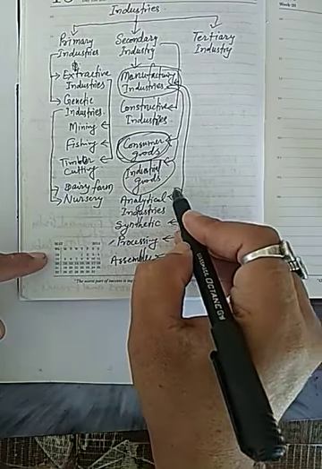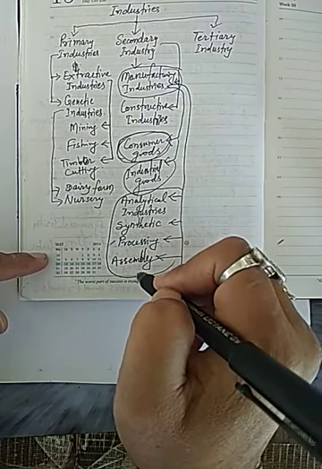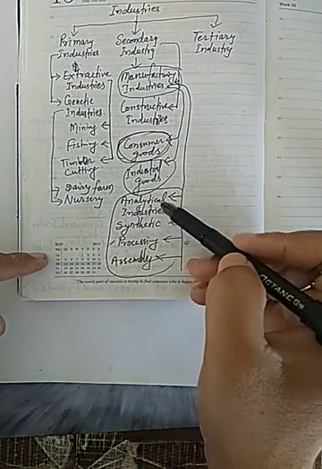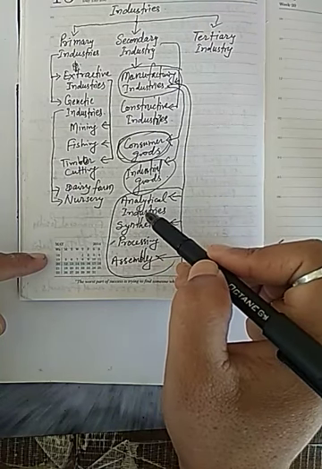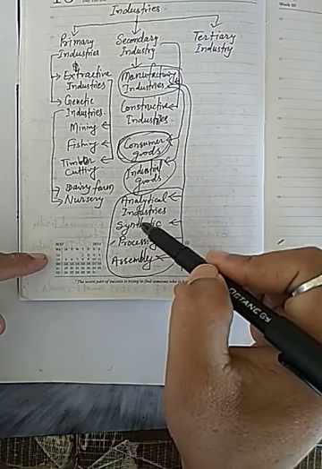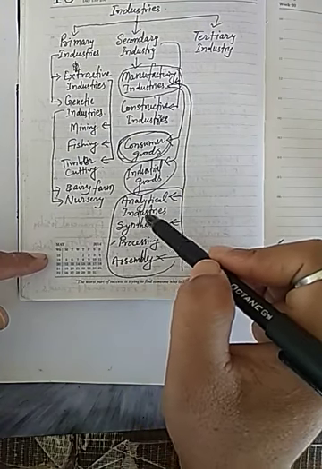So there are four types of manufacturing industries. Manufacturing industries means manufacturing some things.